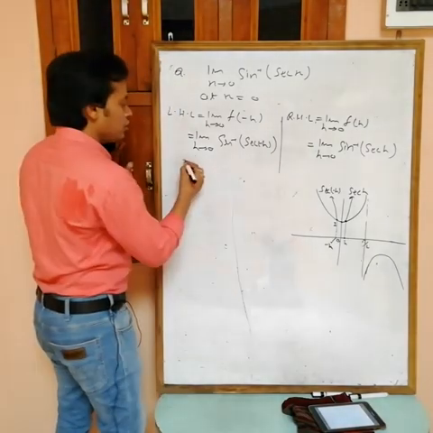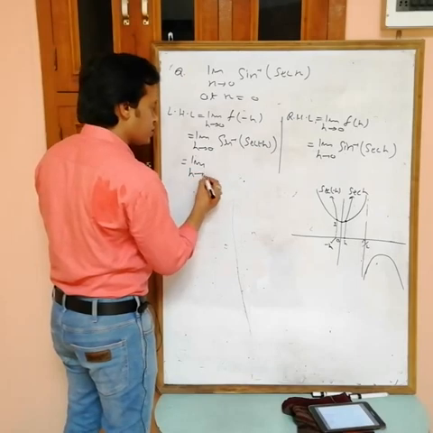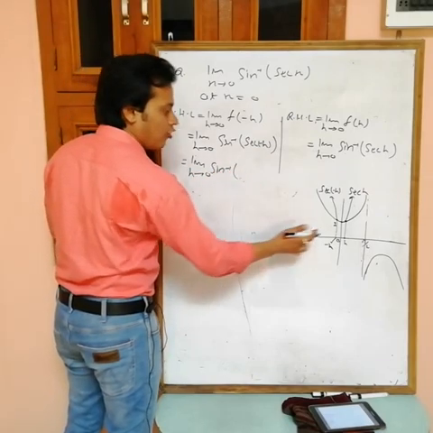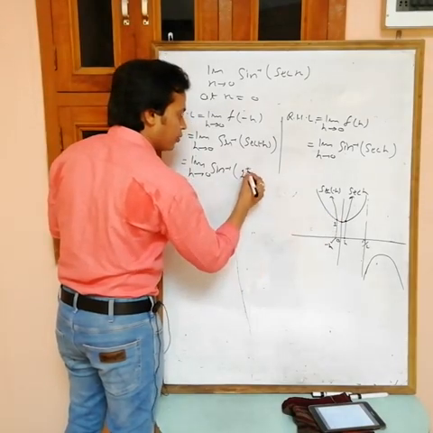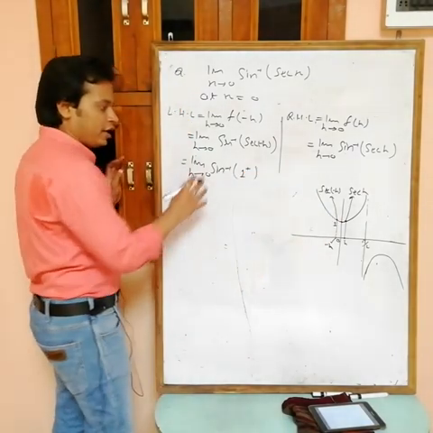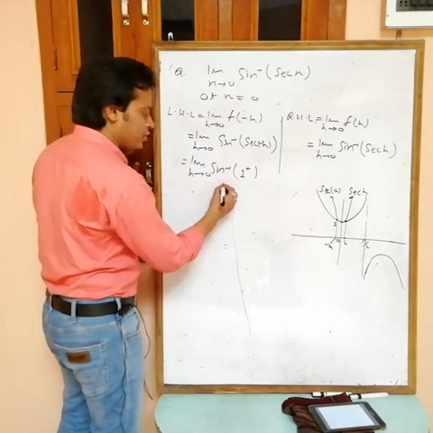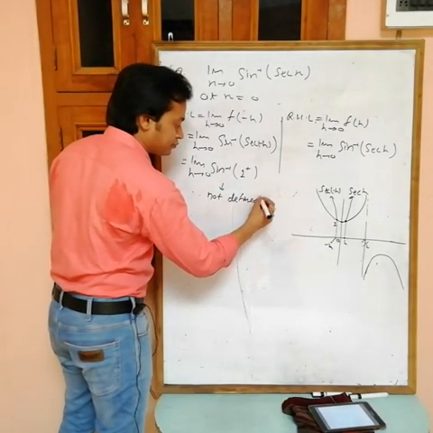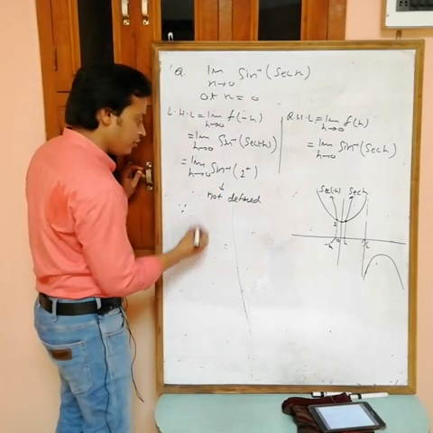So I can write this as limit h tending to 0 of sine inverse sec of minus h, which is 1 plus, and sine inverse of 1 plus is not defined. Why not defined?